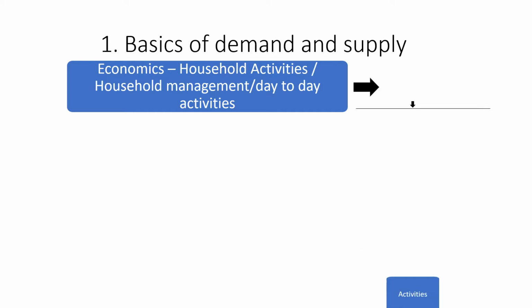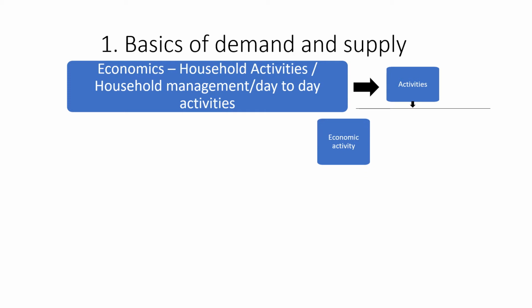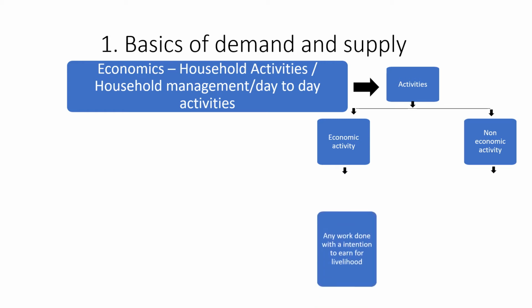Now, what do you mean by activities? These activities can be economic activity and non-economic activity. Now coming to economic activity, many will say, if anything involves money, it is an economic activity. If anything involves no money, it will be non-economic activity. The answer is right, but it is not only about the money.